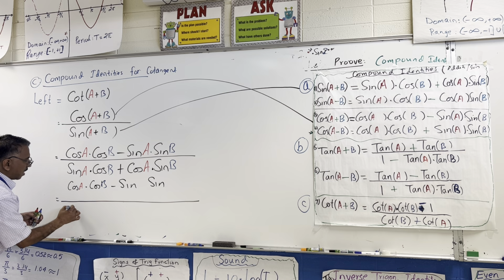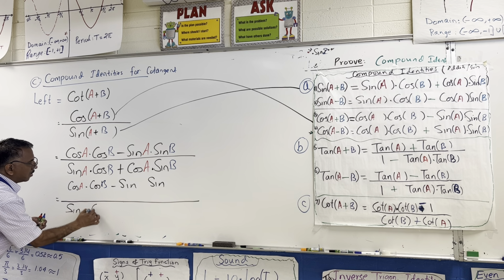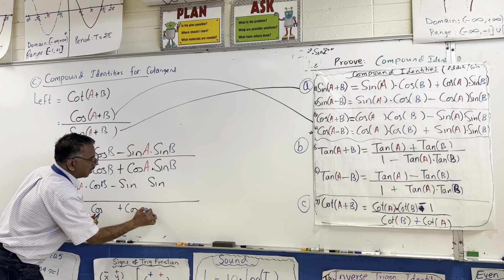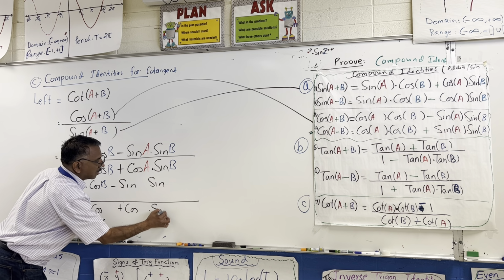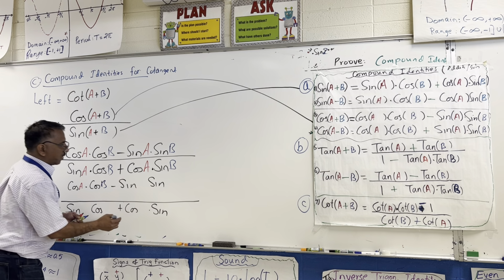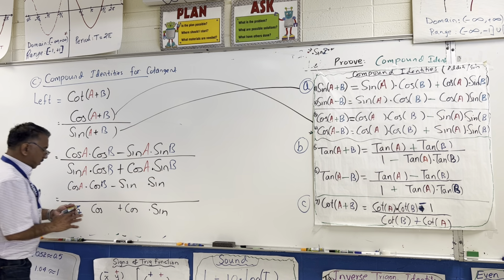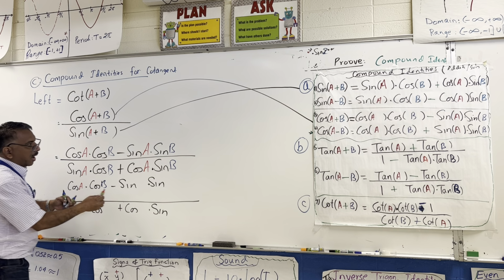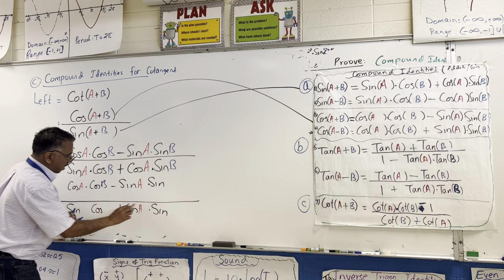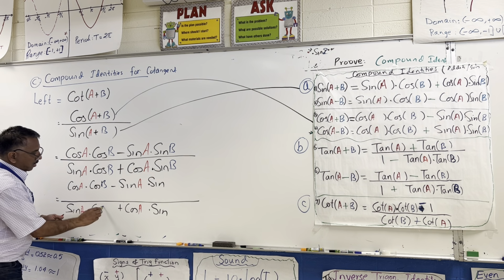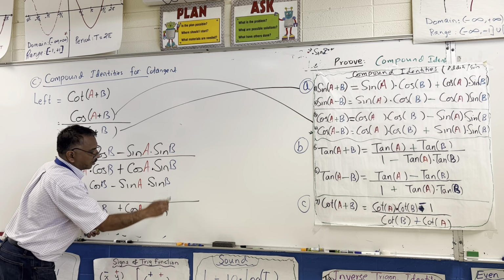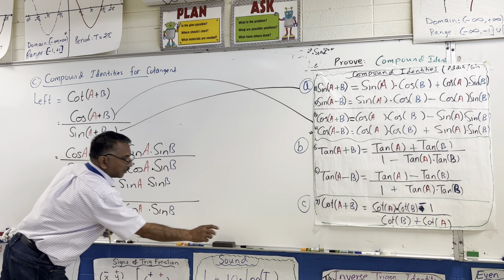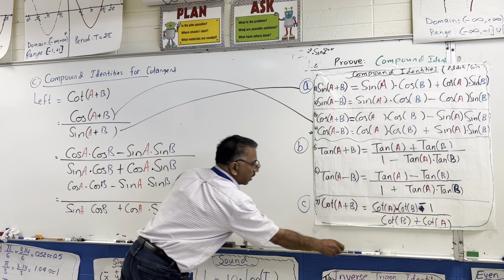So let's put it like sine and cosine, and plus cosine and sine. I'm keeping room for me to divide, right? So the question is, what do we divide here?